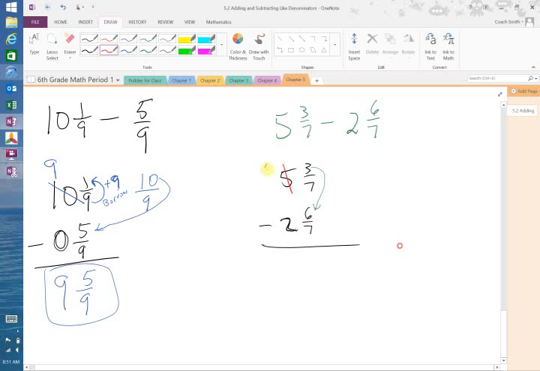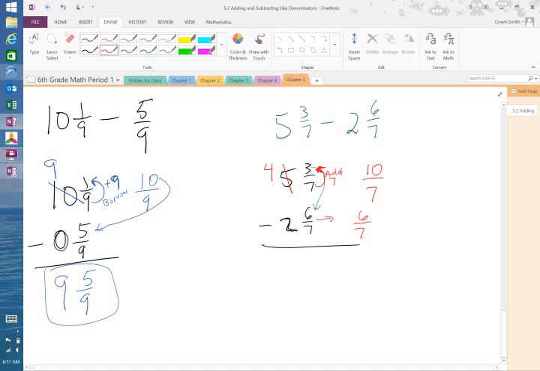Borrow from the 5, making it a 4. And I'm simply going to add 7 to 3. So that makes that 10 over 7. And I'm just going to bring this over, minus 6 over 7.